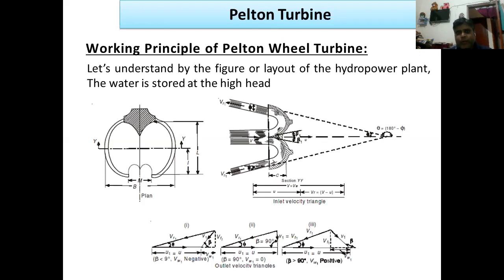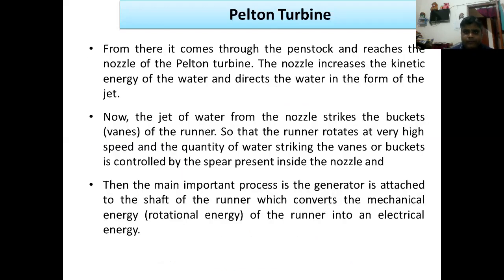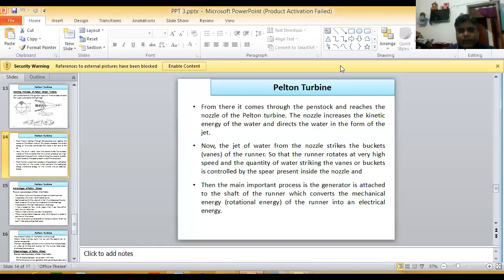This is the working principle of Pelton wheel turbine. Now, from there the water comes through the penstock and reaches the nozzle of the Pelton turbine. The nozzle increases the kinetic energy of water and directs the water in the form of a jet.